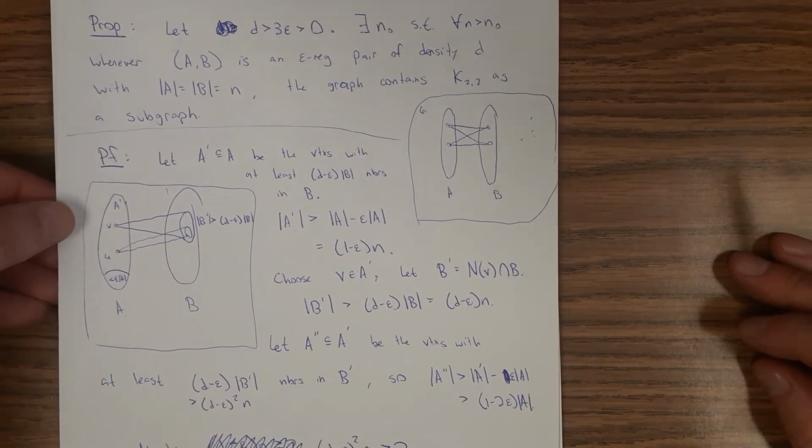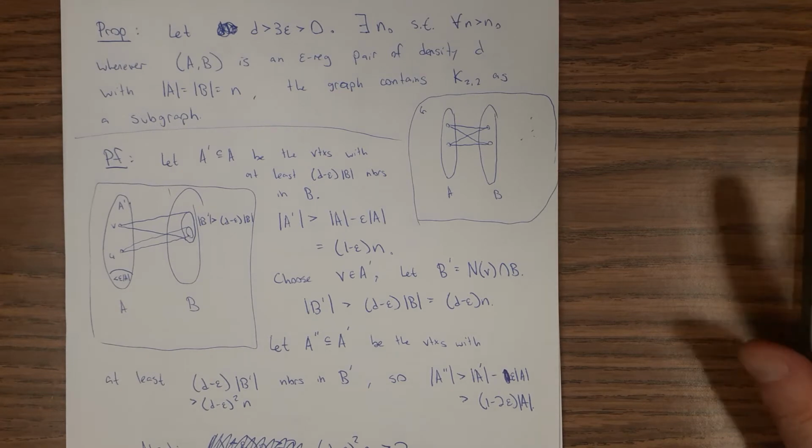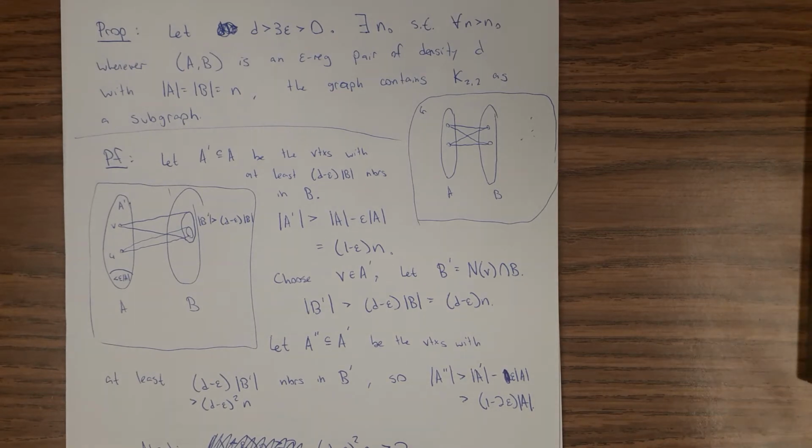Let me do something along a similar vein, because what we're really going to use the regularity lemma for is to find subgraphs. If you recall, we're doing extremal graph theory right now, and we have been talking a lot about how if a graph has at least a certain number of edges, then it has to have a certain subgraph.